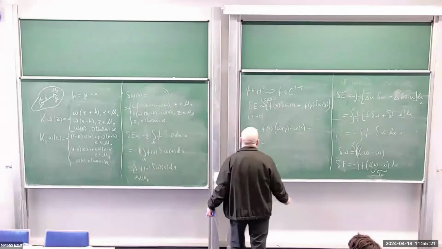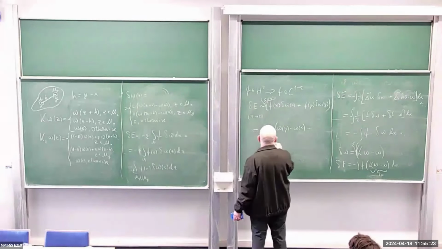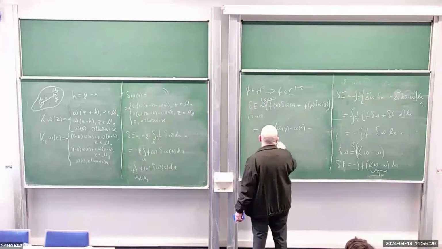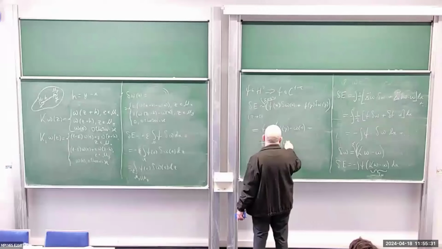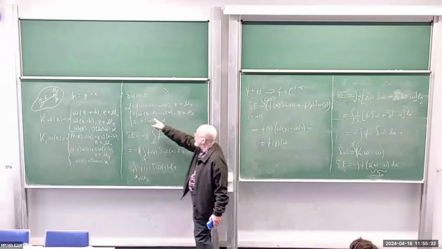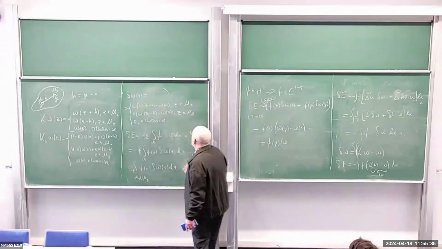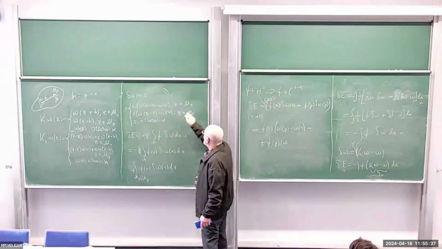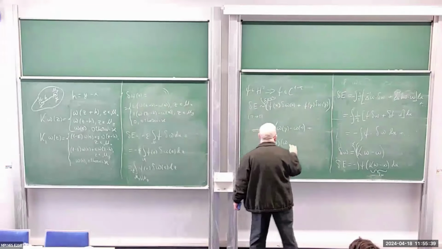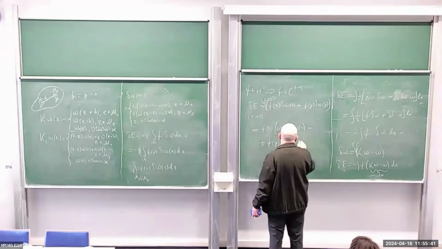Should be plus phi of y times, here, omega of x minus omega of y, because we are at the point y.